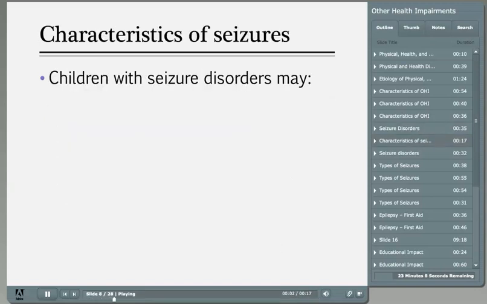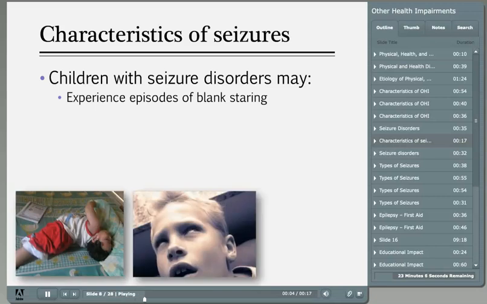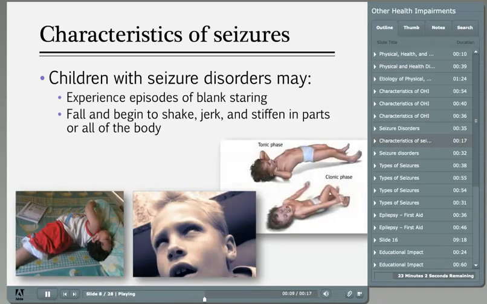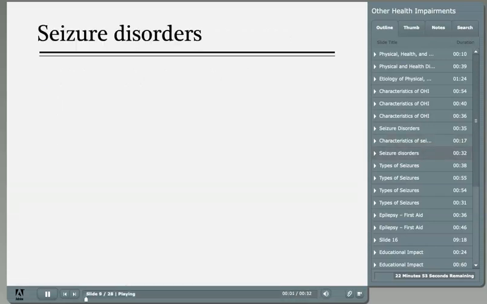Children with seizure disorders may experience episodes of blank staring or may fall, shake, jerk, and stiffen in parts or all of the body. After the seizure, children may experience mood changes or confusion. There are several different types of epilepsy or seizures. The type of epilepsy is generally diagnosed based on the area of the brain affected.